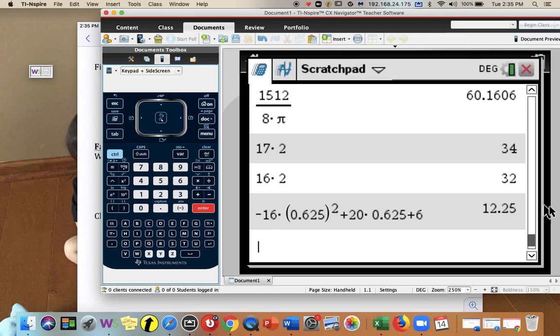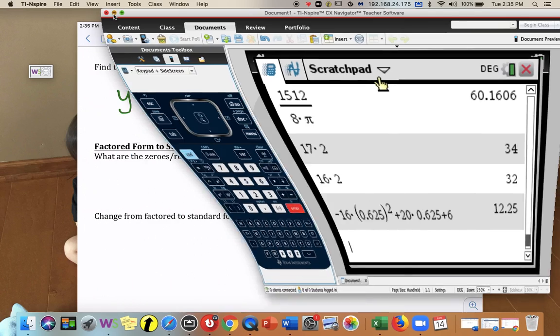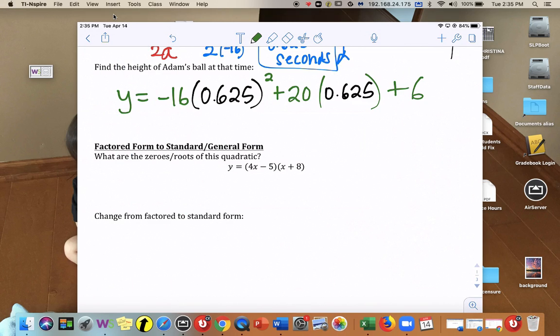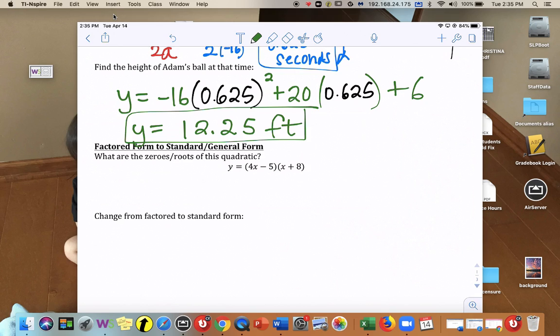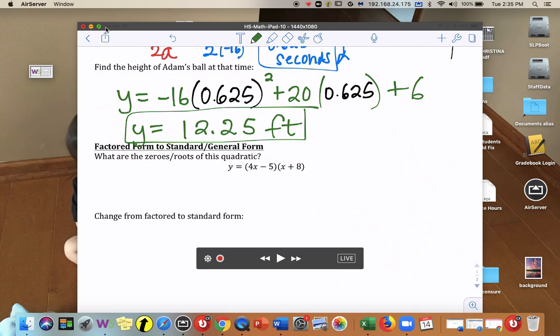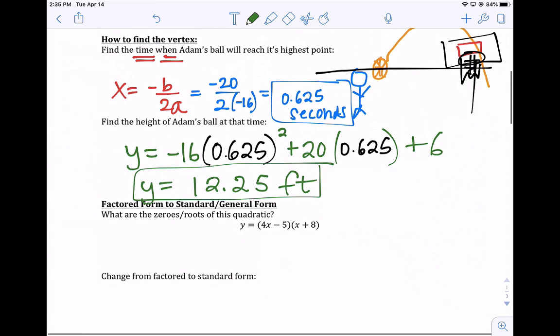So we plugged in the time, and this will give us the height. After 0.625 seconds, the maximum height of the ball is 12.25. Oh, I said seconds. I meant feet. So y equals 12.25, and that's the maximum height of the ball. We spent a few days going over how to find the vertex, and then putting it into word problems too, how to find the vertex, the time, and also the height.